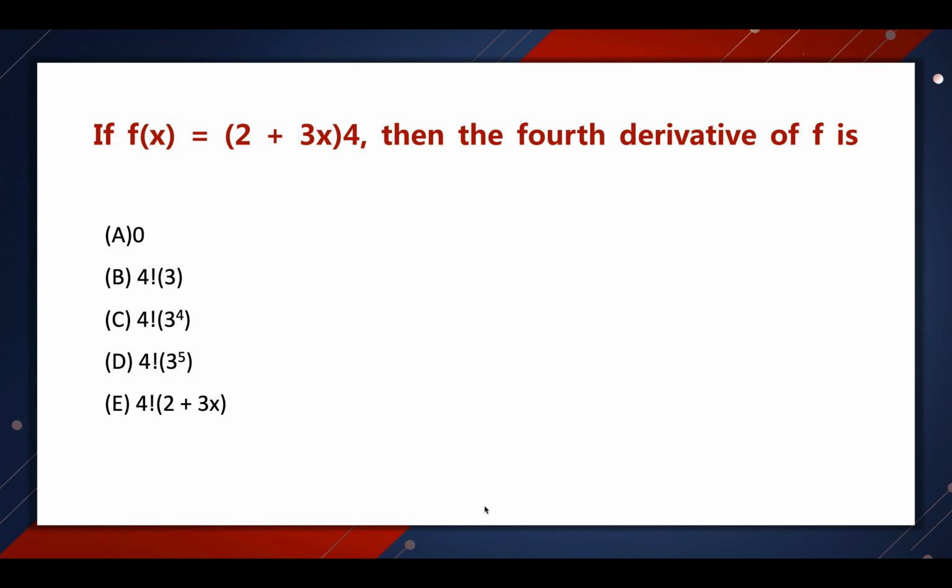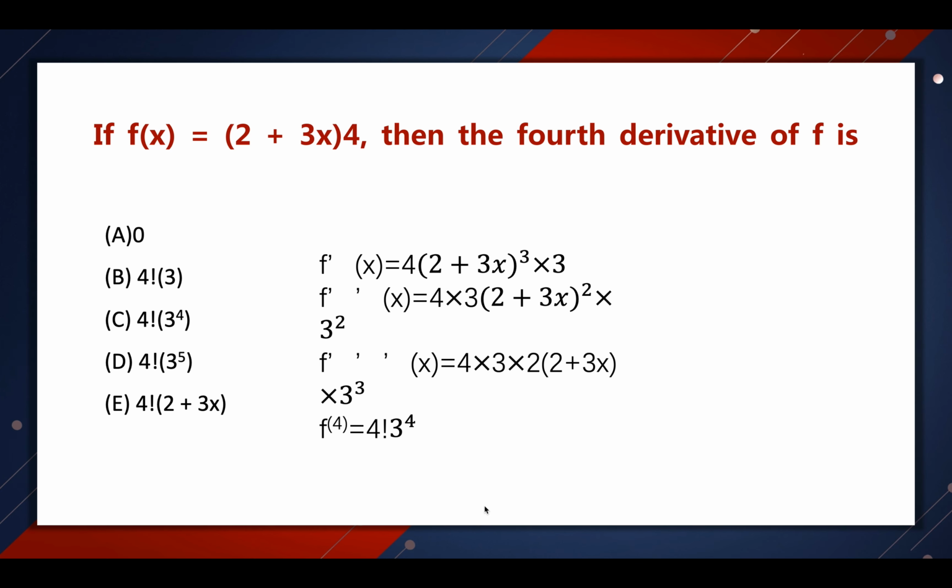In this function we have to find the fourth derivative of f. So we have 4 steps. The first is to find the first derivative of f(x), which is 4 times (2 plus 3x) cubed times 3.